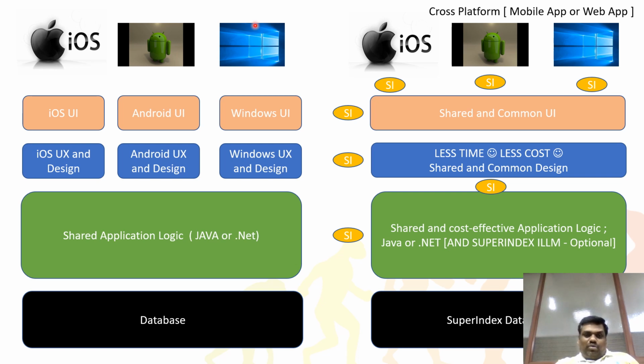And there is one more OS everybody knows, the Microsoft Windows operating system. See, what's happening is when you develop a mobile application, or even a web application, we put in a lot of effort. We need to write separate UI code for iOS, because iOS methodologies are different.